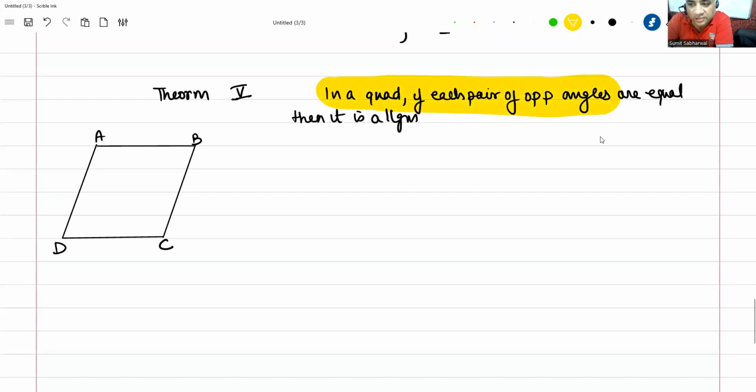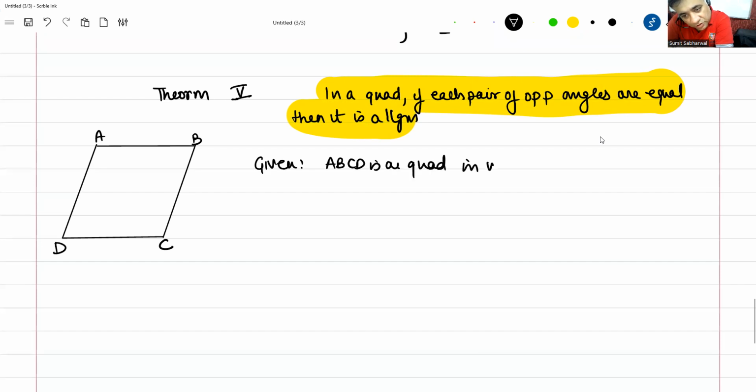In a quadrilateral, if each pair of opposite angles are equal, then it is a parallelogram. It is just the opposite of the theorem we did before. So given is that ABCD is a quadrilateral in which angle A is equal to angle C and angle B is equal to angle D. We have to prove that ABCD is a parallelogram.